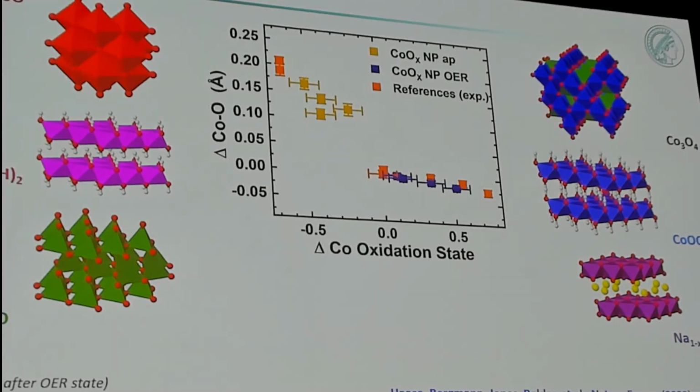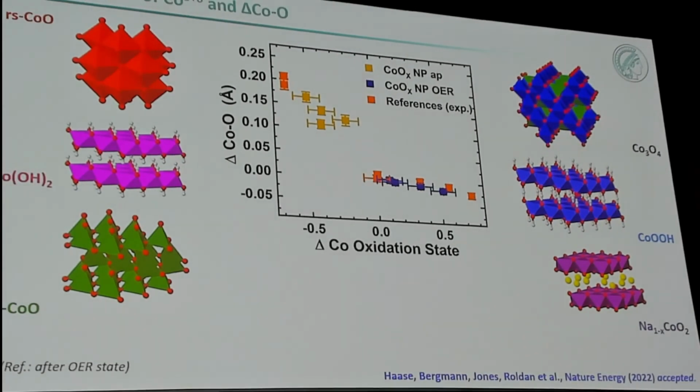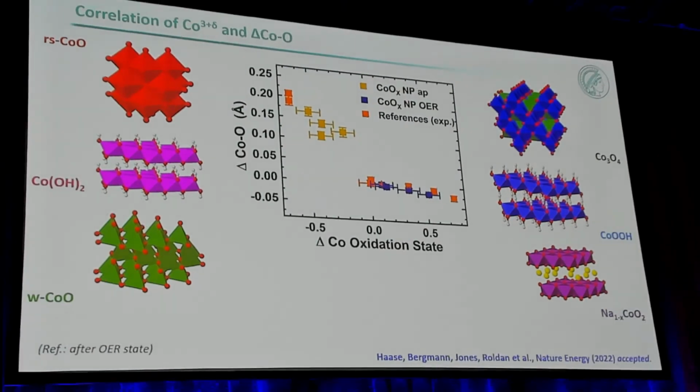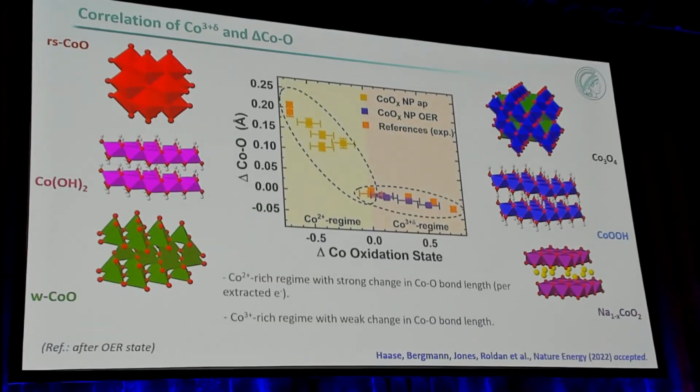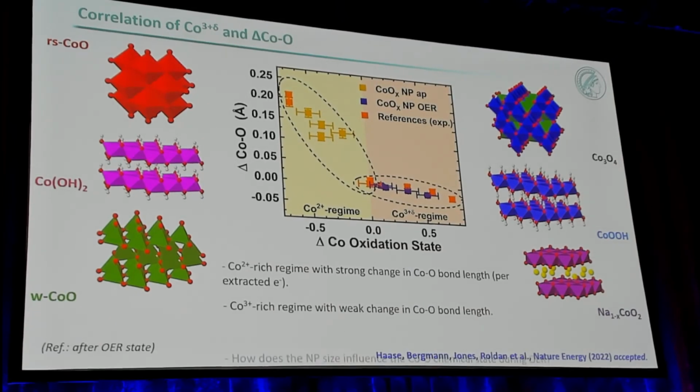You can see there are 2 clear regions. In this range here, you see the cobalt 2+ oxidation state. Here is the cobalt 3+ oxidation state. And you can see that in the cobalt 2+ rich regime, there is a strong change in the cobalt-oxygen bond length per extracted electron.